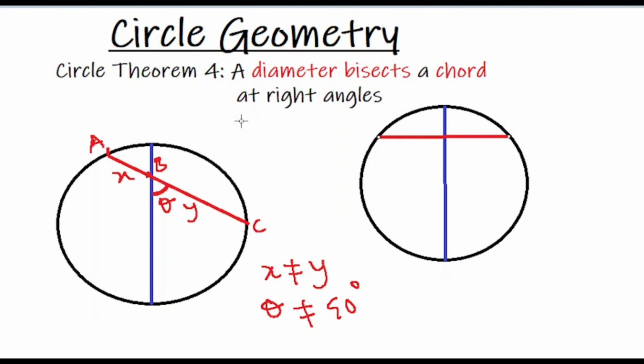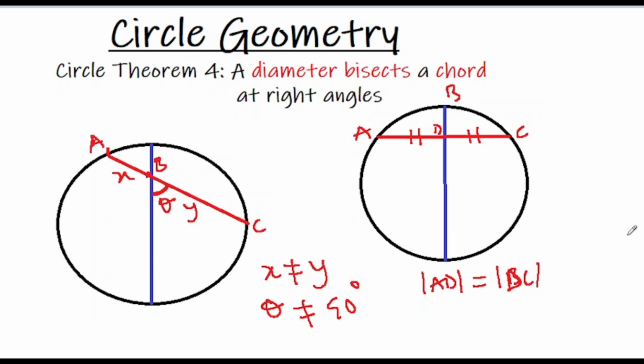So obviously the blue line, which is our diameter, is dividing the chord into two equal parts. So we can say this side here is equal to this side. Let's label it A, B, C, D. So we can say line AD is equal to line DC.